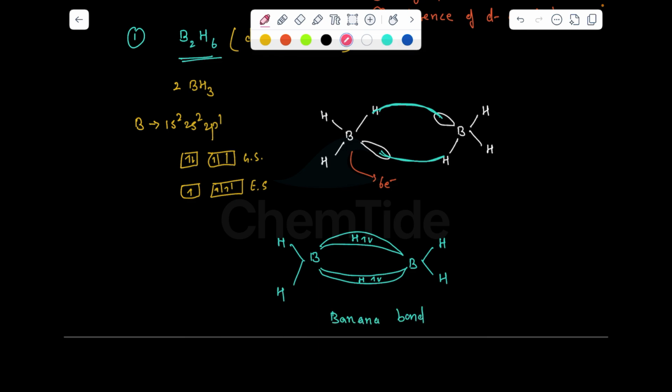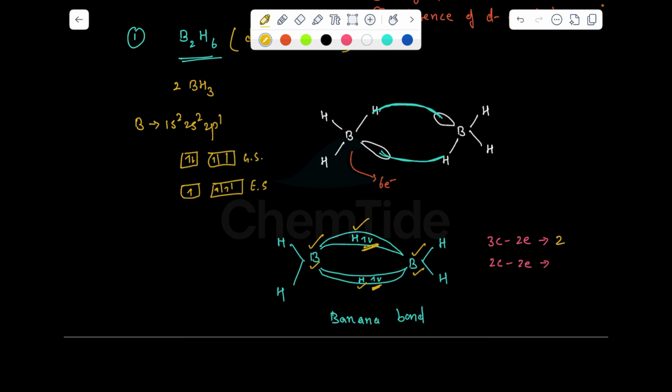Here the PYQ is coming: how many 3 center 2 electron bonds are present in the banana bond and how many 2 center 2 electron bonds are present. As you can see, this is the first center, this is the second center, this is the third center, and here only 2 electrons are there. A similar pattern is happening downside: first center, second center, third center, and 2 electrons.